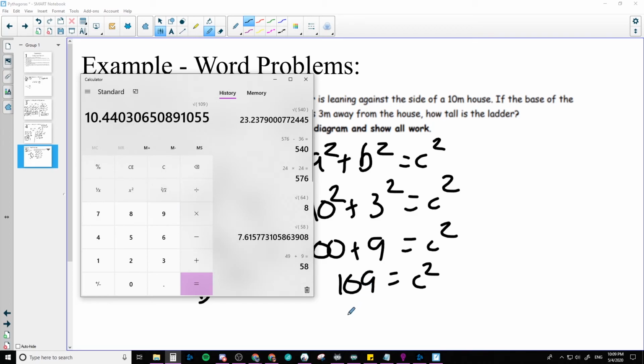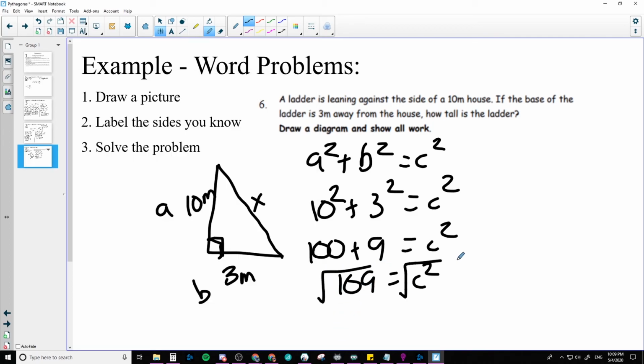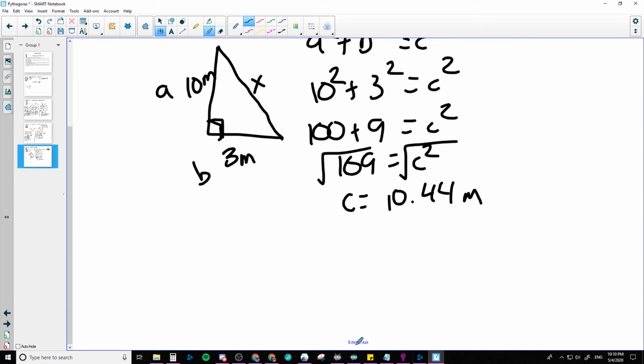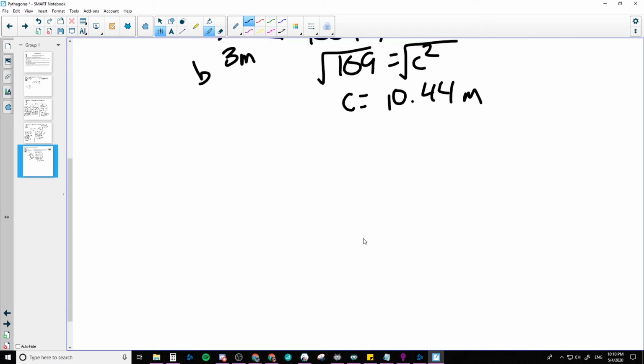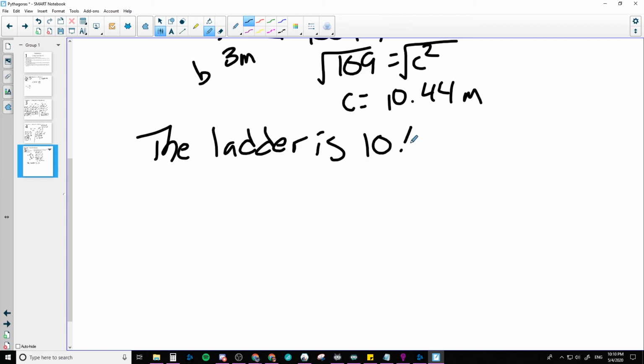We get 10.44. Our units are meters. Now this is a word problem, which means it requires a word answer. So the ladder is 10.44 meters tall.